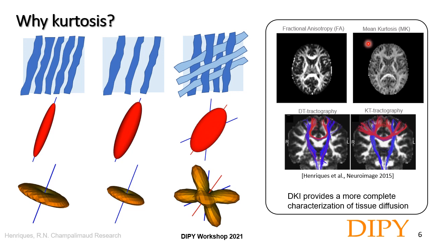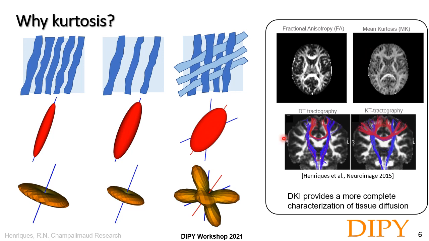It is also important to note that while FA is very limited in targeting alterations in gray matter, because at the typical resolutions that we use anisotropies are low, the kurtosis values in gray matter are non-zero. So this can be used to target regional or longitudinal differences in the gray matter.